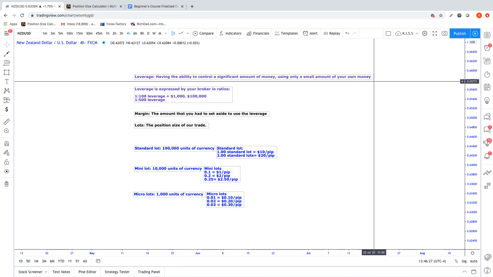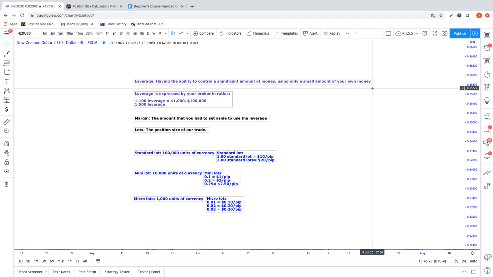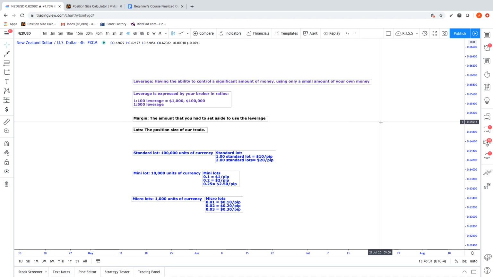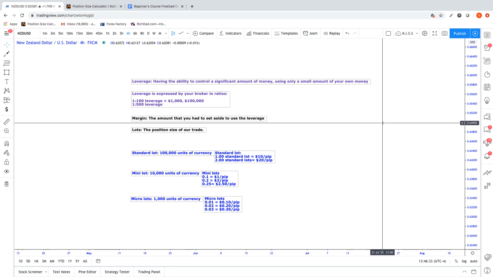In describing this, you used to have to have a very large amount of money, hundreds and hundreds of thousands of dollars, to actually make a profit in this market.